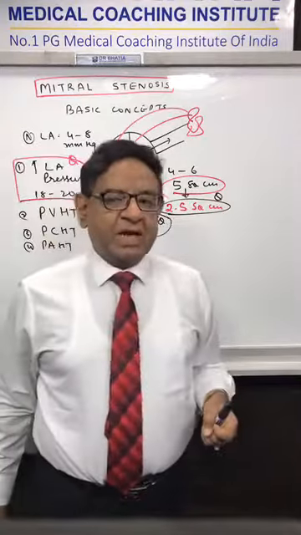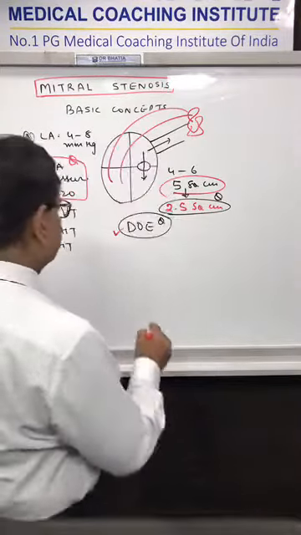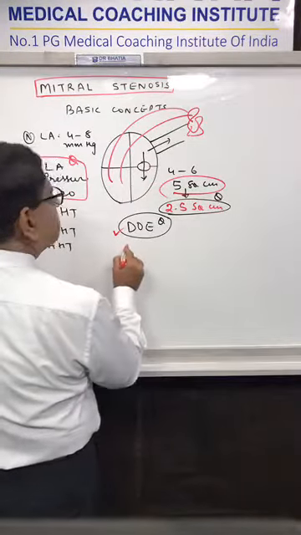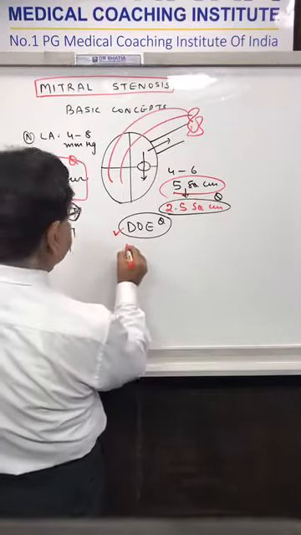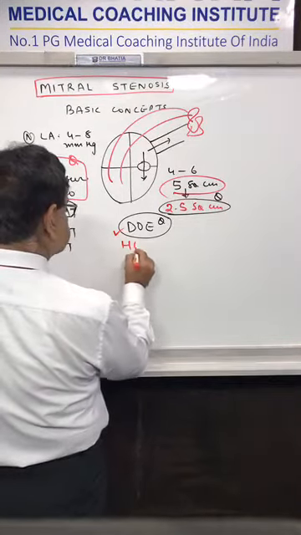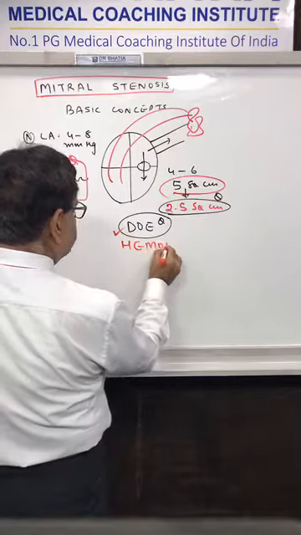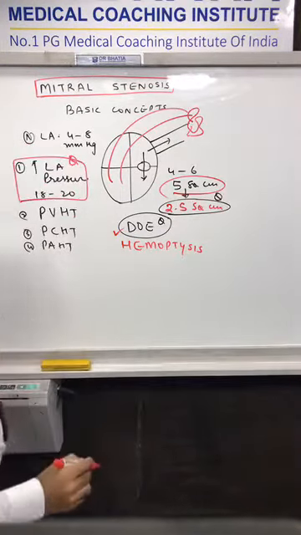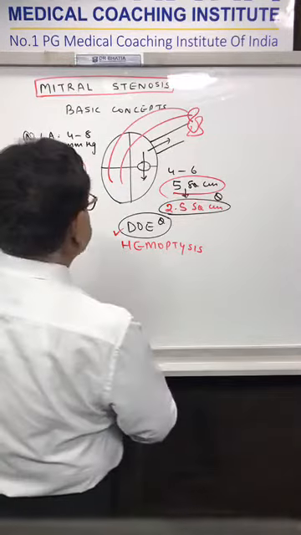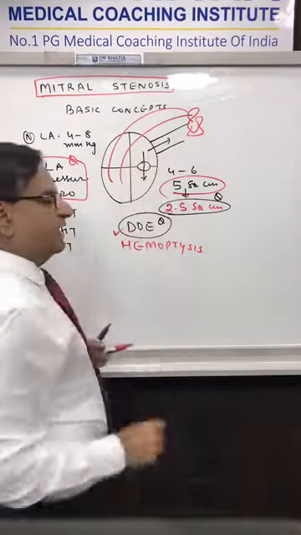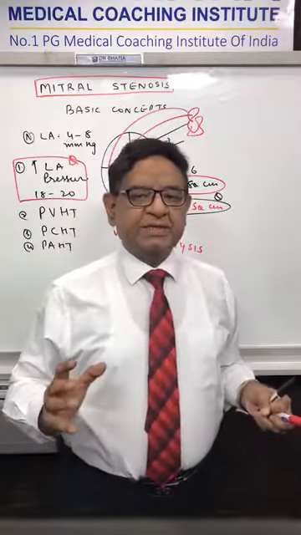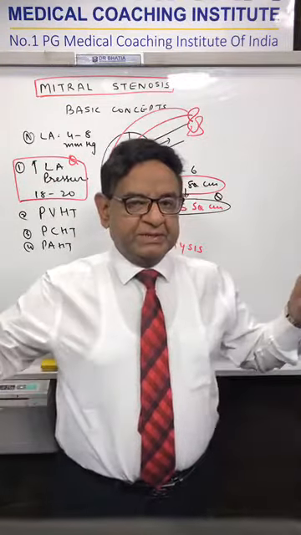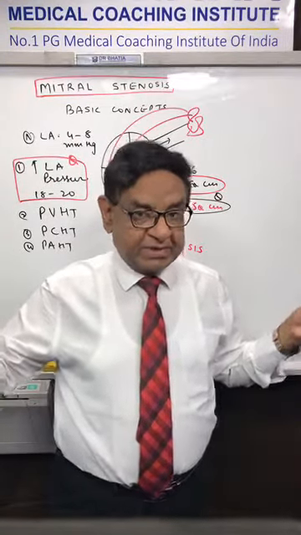As capillaries are congested, that can also lead to hemoptysis. Now, one more thing. As the blood is getting accumulated in the left atrium, the LA size increases.